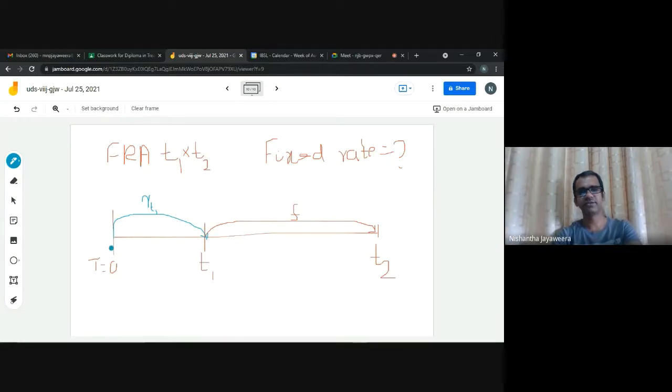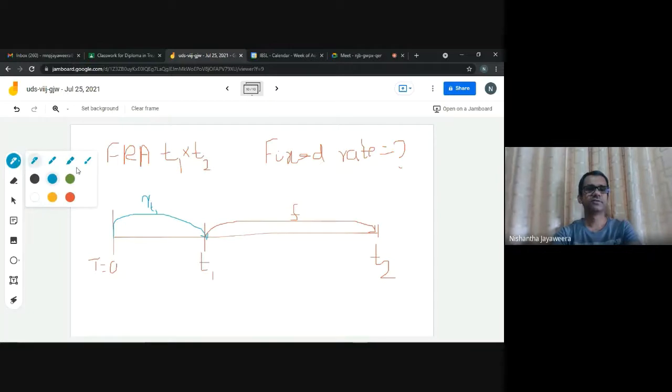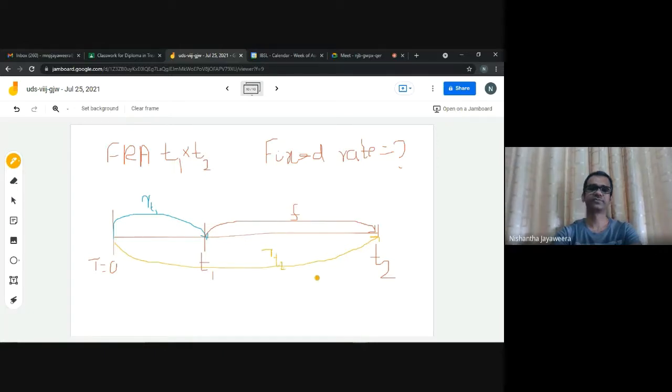As at today, you know what the 3-month interest or the 1-month interest would be, whichever is applicable. Not only that, we know the interest for this period, R T2. Say this is the 3-month interest, this is the 9-month interest, then the whole together will be 1 year.